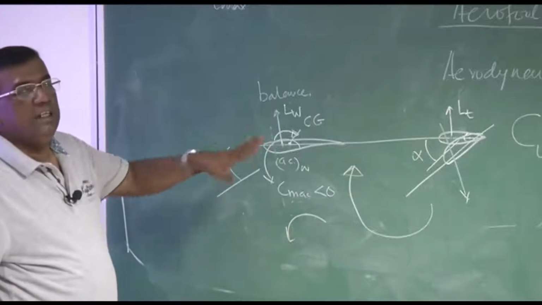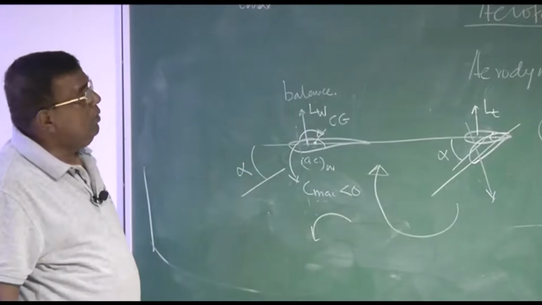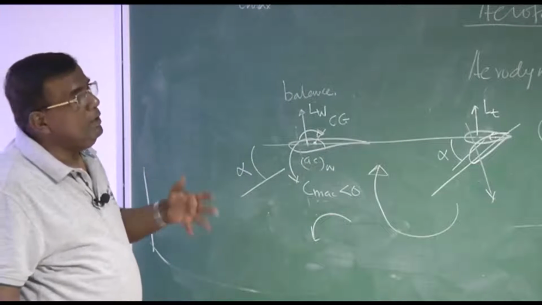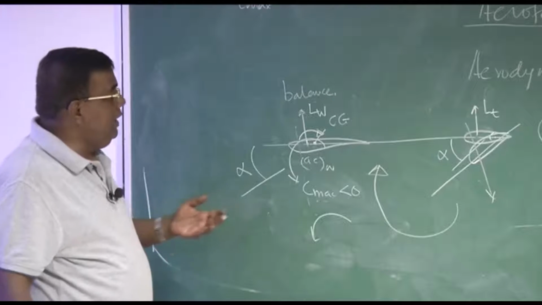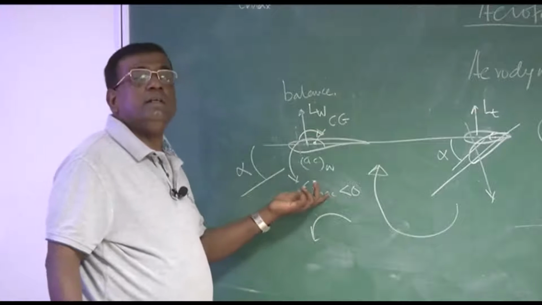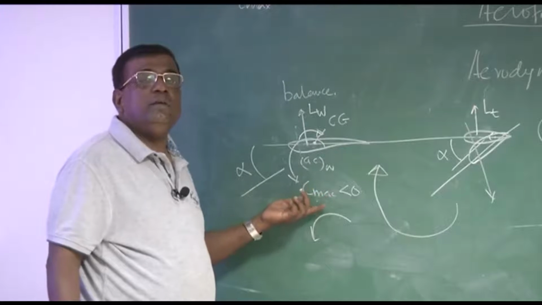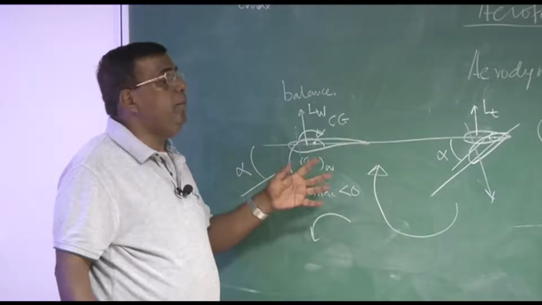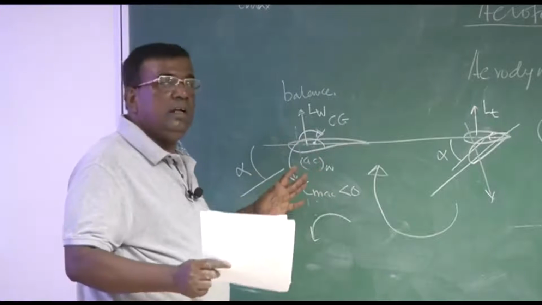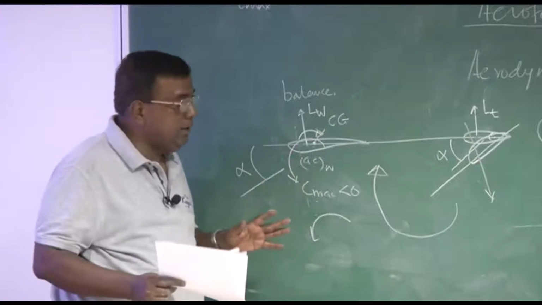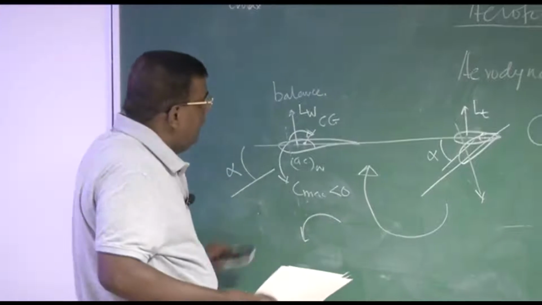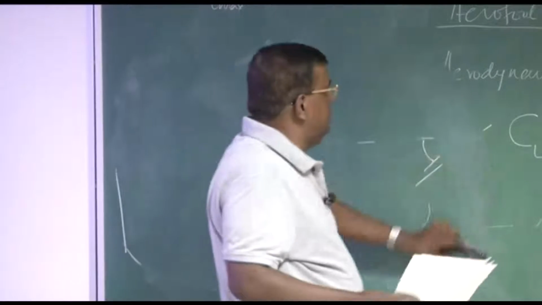All this you have done in stability and control. What I am telling is, the moment you are using a cambered aerofoil, please be careful about CMAC. You should not allow CMAC to be very, very large negative. Then you have to pay a penalty, or you have to do a little ingenious handling. So this is what I thought I must share, which is nothing new for you.